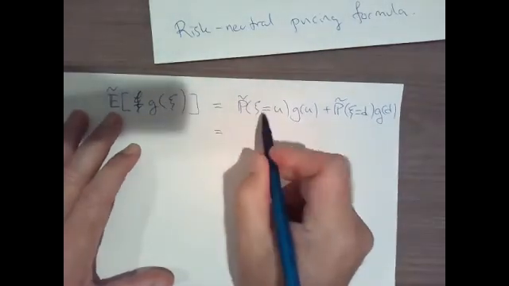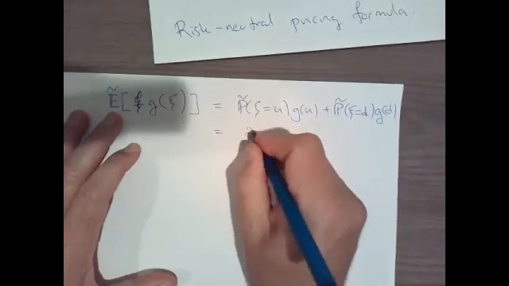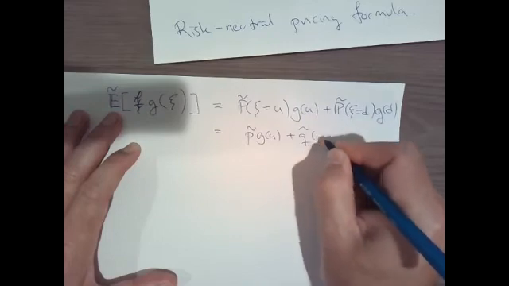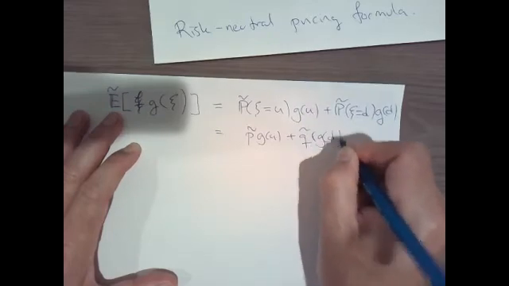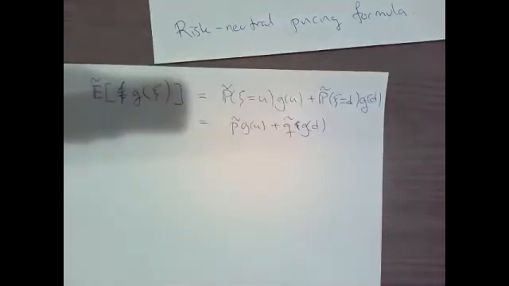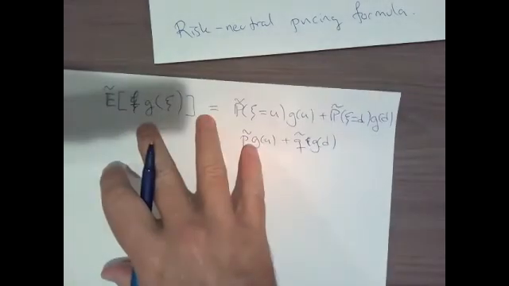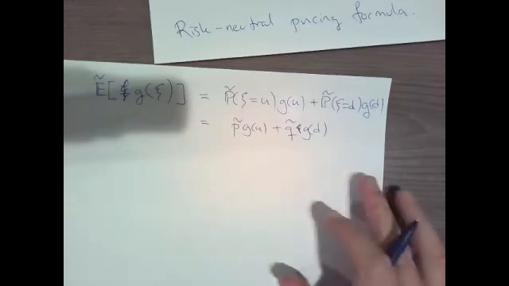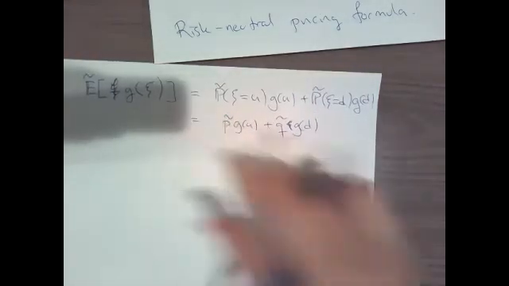I know exactly what this is: p tilde times g of u plus q tilde times g of d. So the expectation of a function of a random variable that can take two values is this formula here.